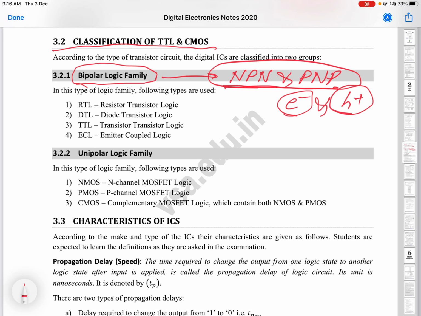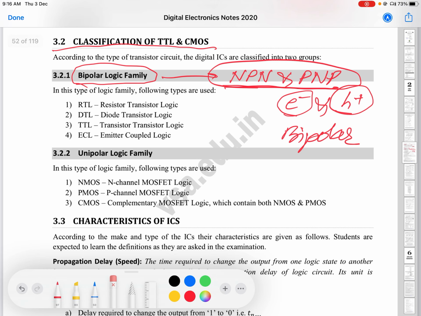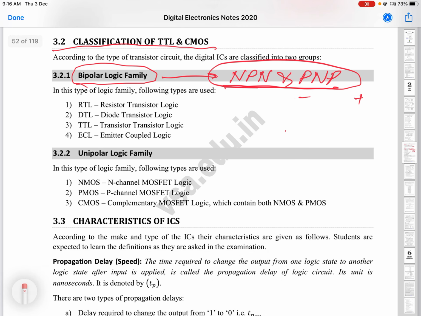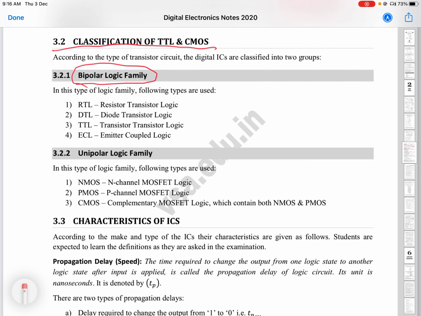Since the current is carried in NPN and PNP transistors by both types of charges, positive and negative, hence it is called bipolar. Pole stands for the type of charges, positive charges and negative charges. So bipolar means having two types of poles which are responsible to carry electric current. So it is called bipolar family.